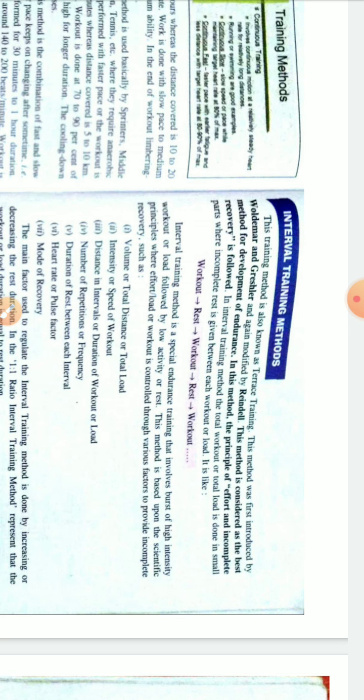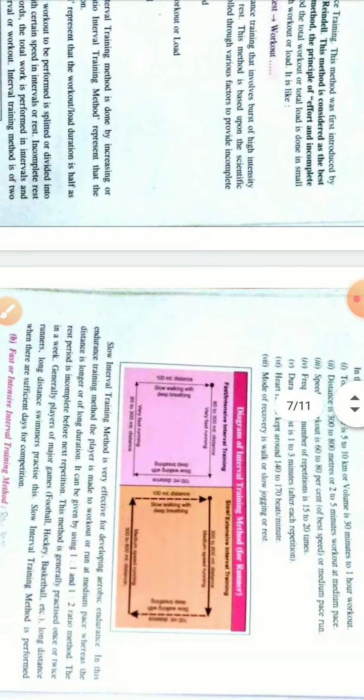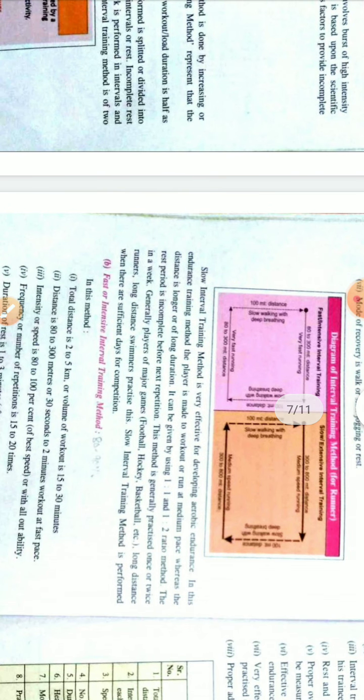It is given using a 1:1 ratio or 1:2 ratio. This means the rest period is incomplete before the next repetition. This method is general practice one or twice in a week.